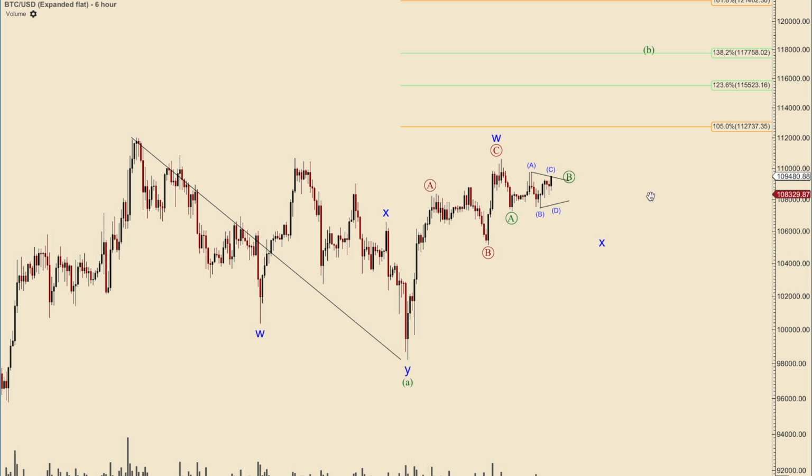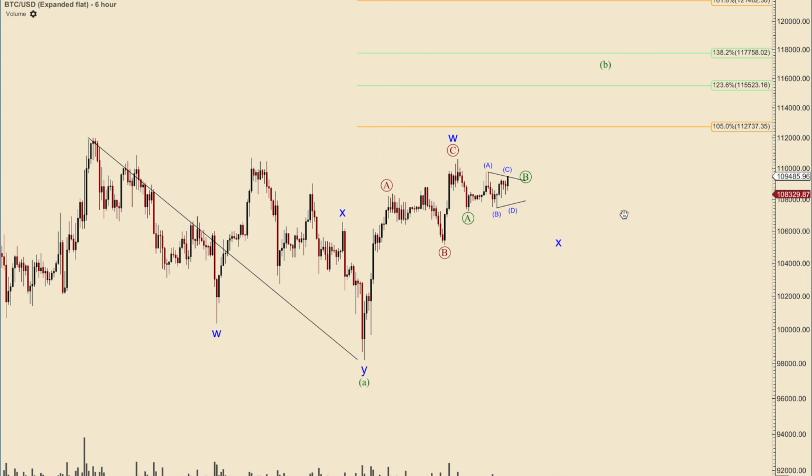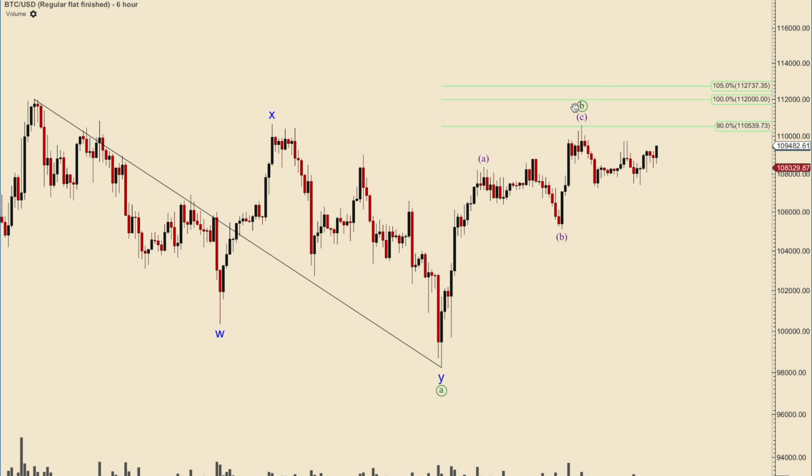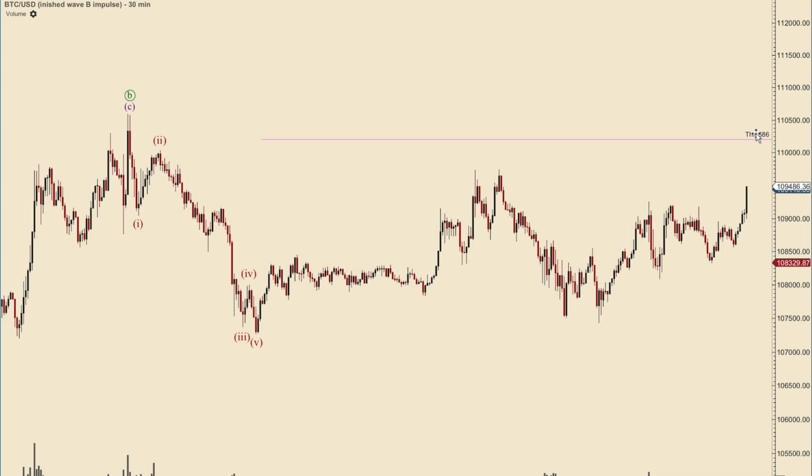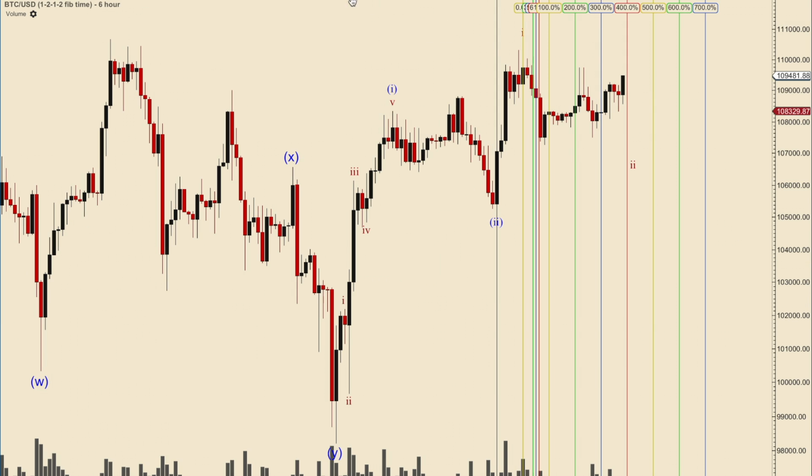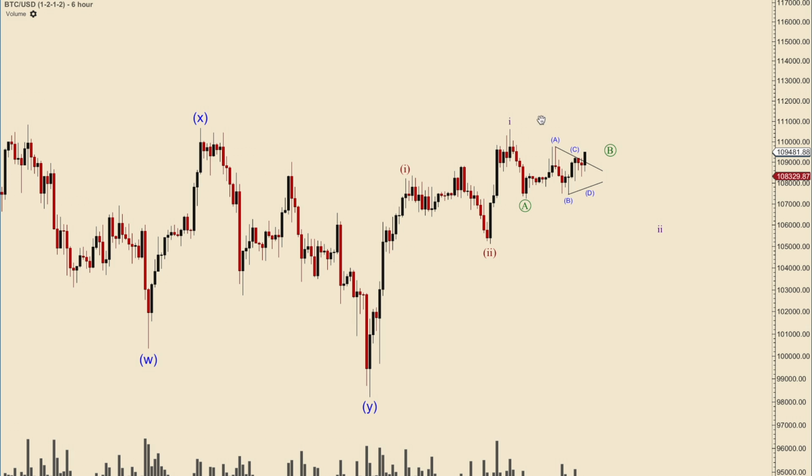So the directional bias, I would say, is upwards. Since WXY, we are looking for the expanded flat, as I mentioned. This scenario with a finished wave B, we need to have an impulse, and if we hit the 886, then it lowers the probability extremely much for it to be a 1, 2, 1, 2. But nonetheless, it can be a 1, 2, 1, 2.